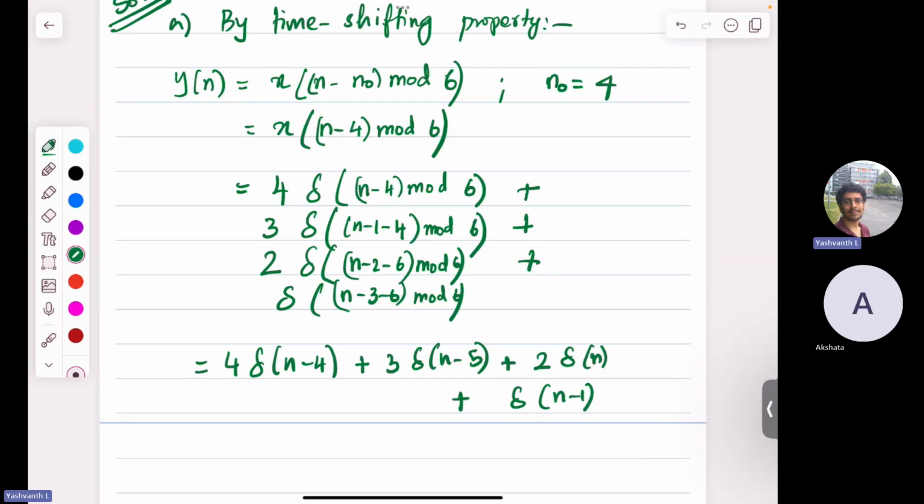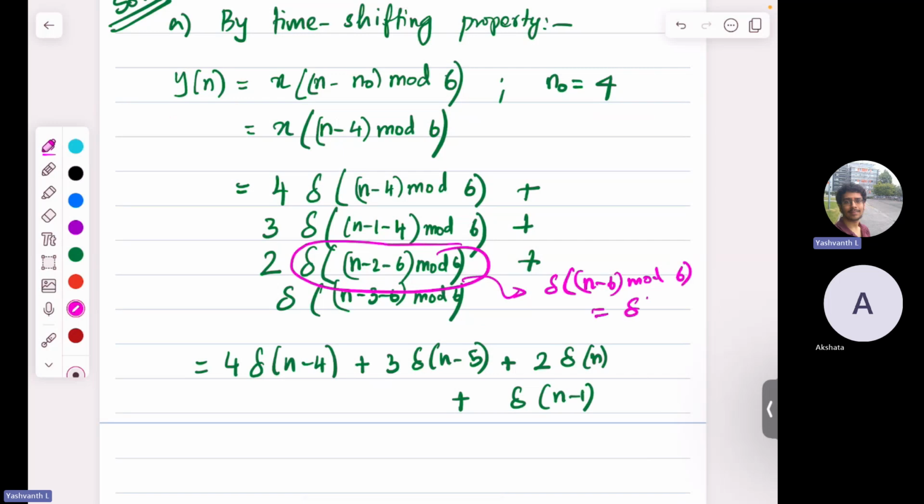Because n minus 6 mod 6 means I'm already shifting by 6 units, and taking modulo 6 again gives delta of n. Similarly, n minus 7 mod 6 is the same as delta of n minus 1, since I'm taking the remainder when dividing by 6.